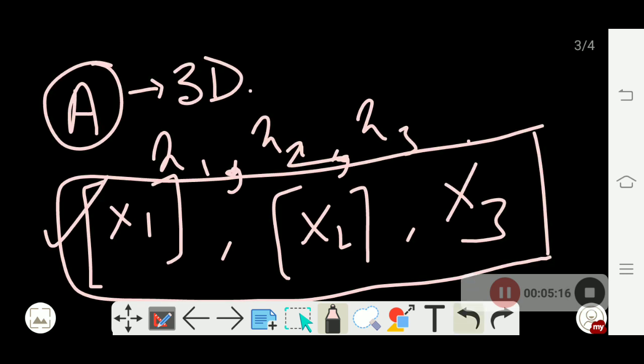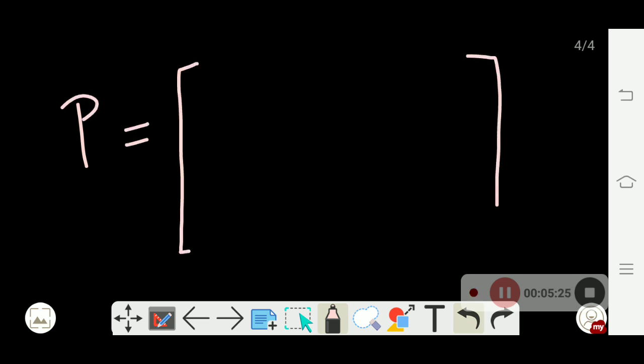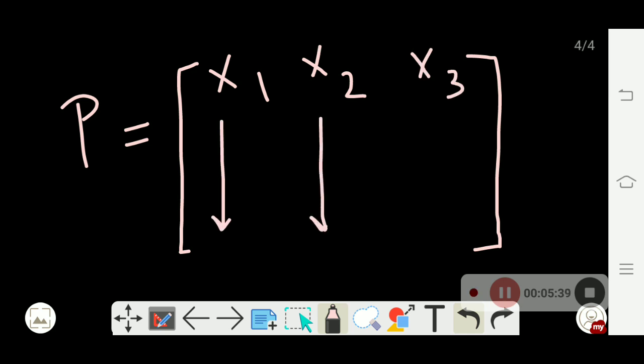They are always in a column, you know. The modal matrix is nothing but the cumulative expression of these eigenvectors. This is x1, this is x2, this is x3. This is the first eigenvector, this is the second eigenvector, this is the third eigenvector.